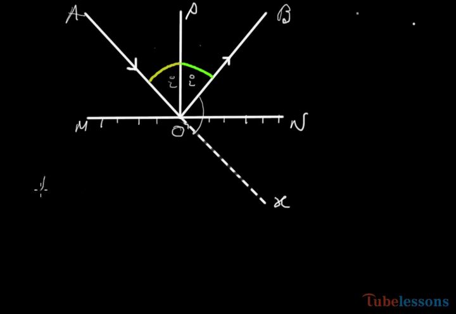Now the angle of deviation is BOX after reflection of light. This BOX equals angle AOX minus angle AOB.